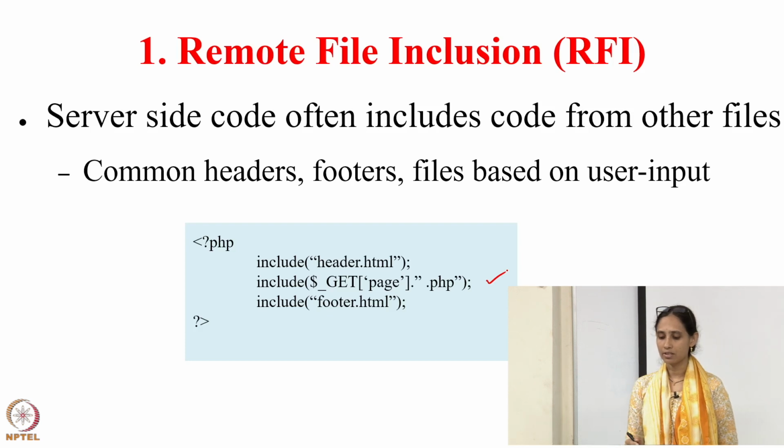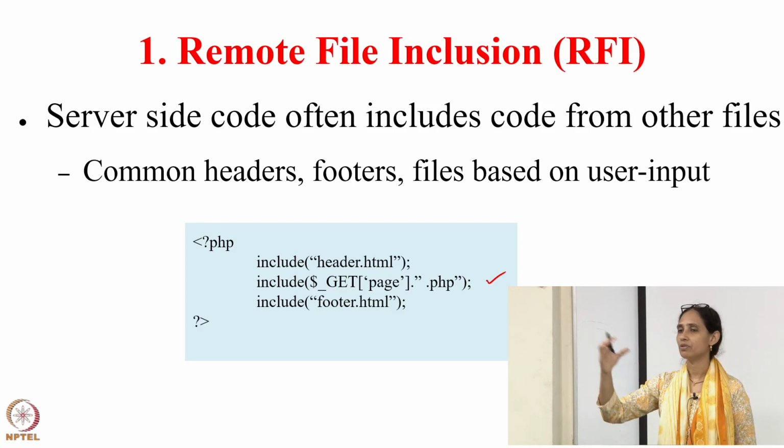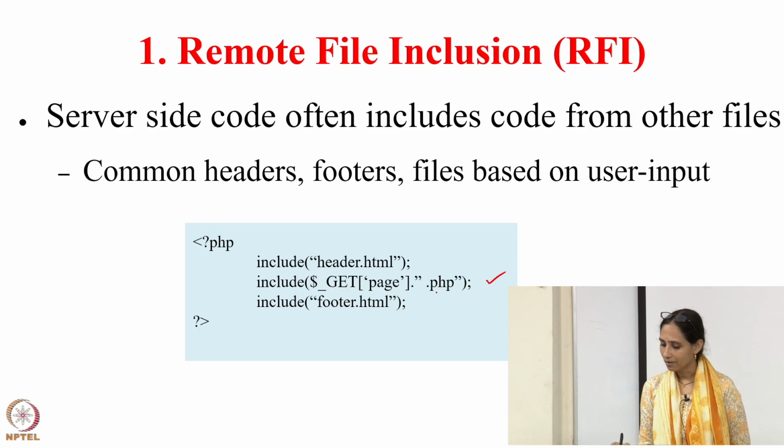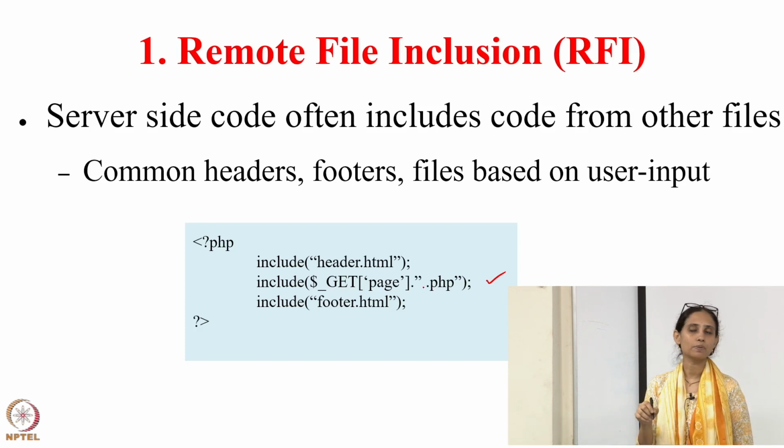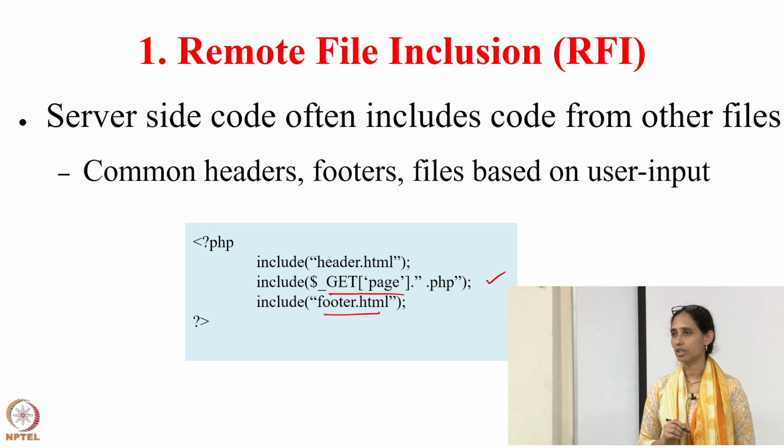So, basically what this is saying is include header.html when you are constructing this HTML to pass to the client, include some header information from some HTML. And for example, if this user is asking for a specific file, it is saying get that file .php and include that also as part of this HTML, and similarly include a footer.html.